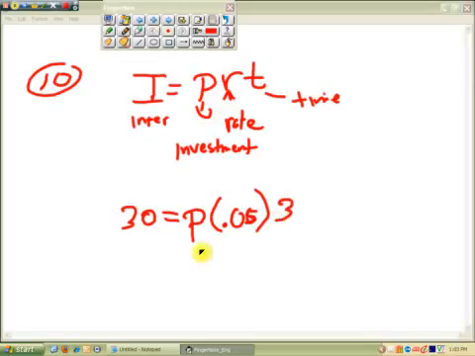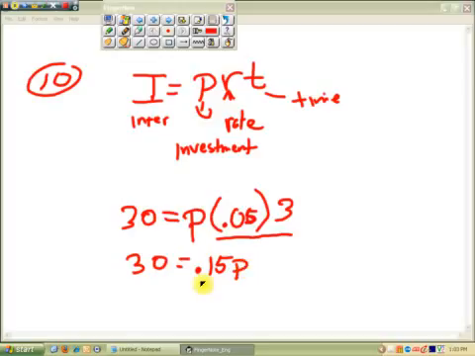So this is our problem now. We're looking for P. So what we need to do is multiply these. 3 times 0.05 is going to be 0.15. We still have P, and we still have equal to 30 on this side.